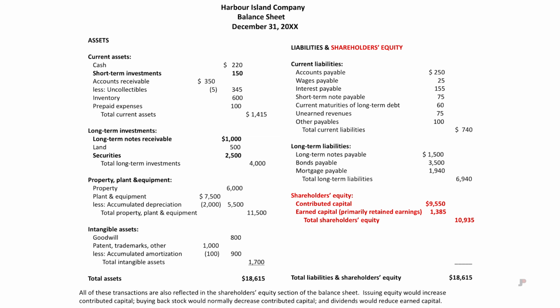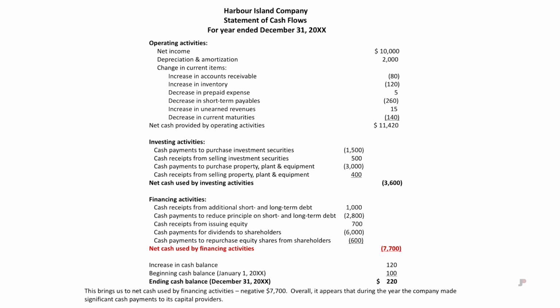All of these transactions are also reflected in the shareholders' equity section of the balance sheet. Issuing equity would increase contributed capital, buying back stock would normally decrease contributed capital, and dividends would reduce earned capital or retained earnings. This brings us to net cash used by financing activities, negative $7,700.